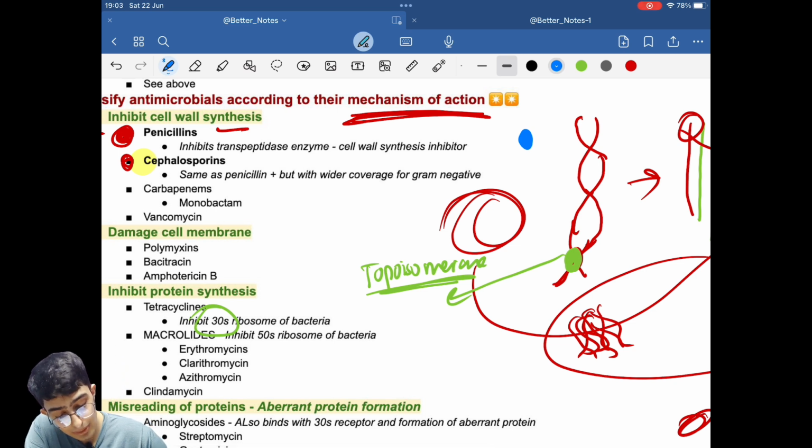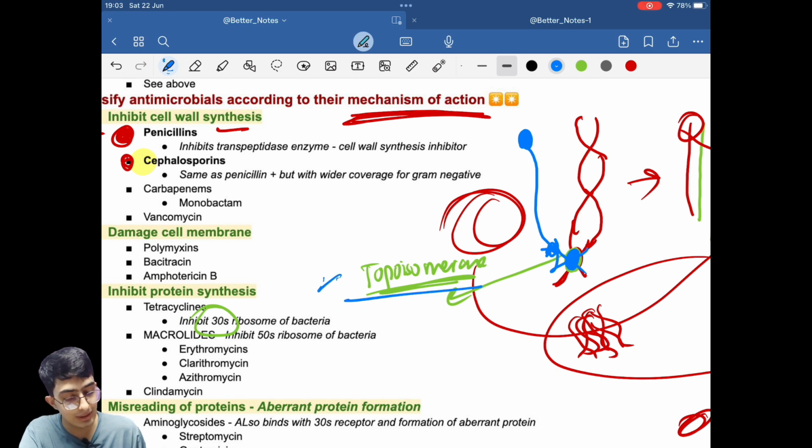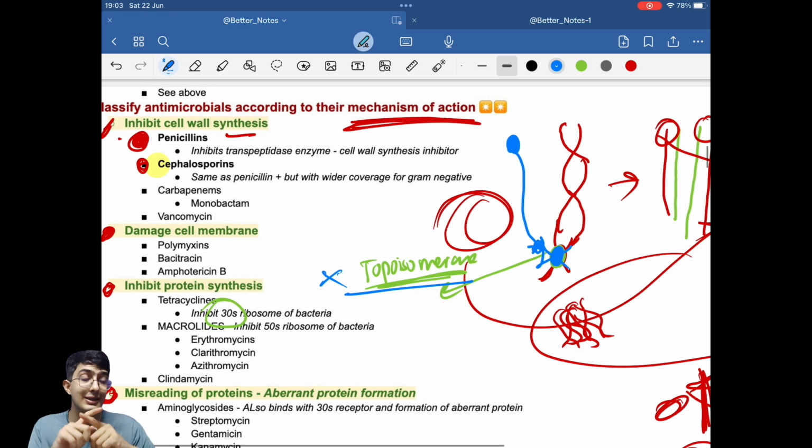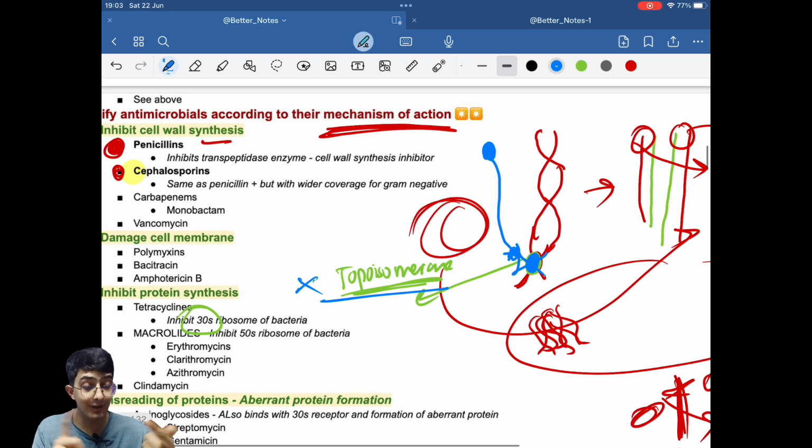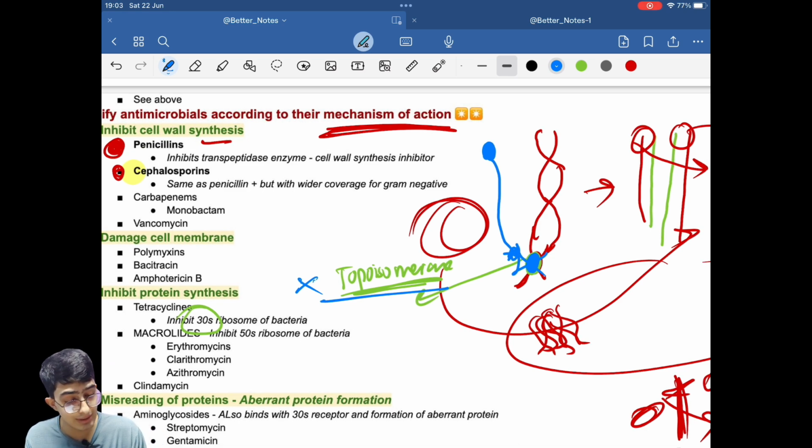So ciprofloxacin works by coming and binding with this topoisomerase enzyme, and it inhibits it. When the topoisomerase enzyme is inhibited, DNA unwinding cannot happen, because in order for the DNA to unwind successfully, you need the topoisomerase enzyme.